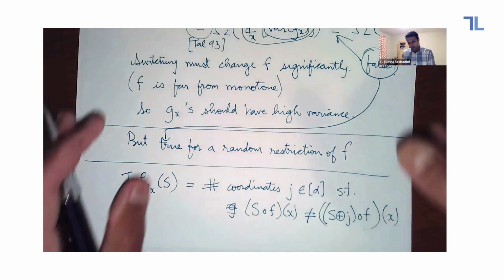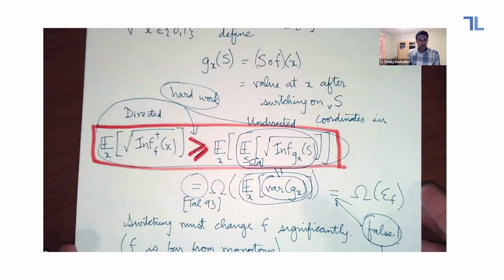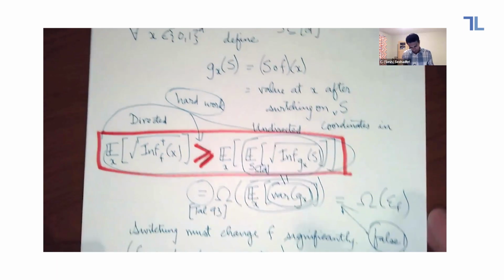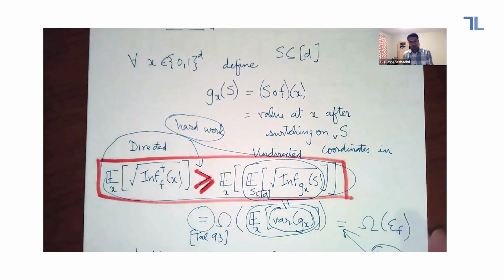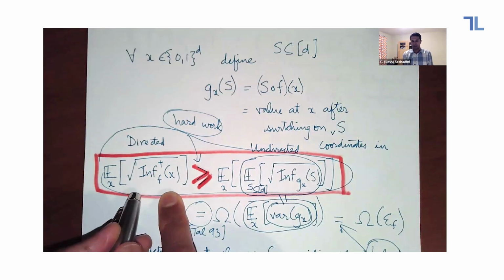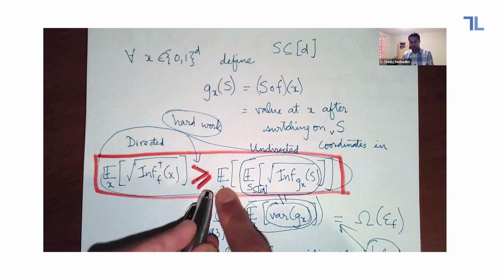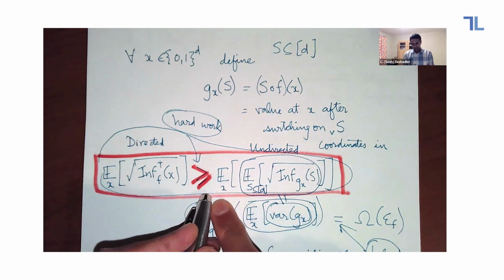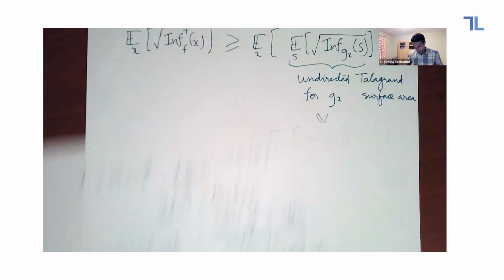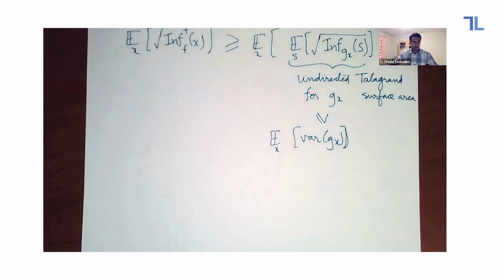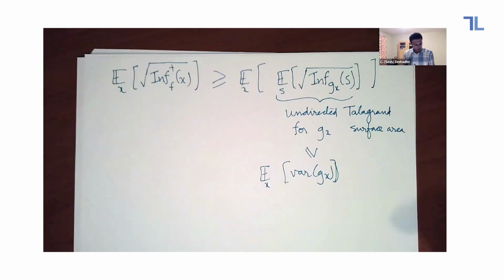So the main inequality that we're going to prove, the red box that we talked about last time, says that the expected directed Talagrand objective is greater than or equal to the expectation. I've written this a little more cleanly, so I'm going to show you the cleaner version.